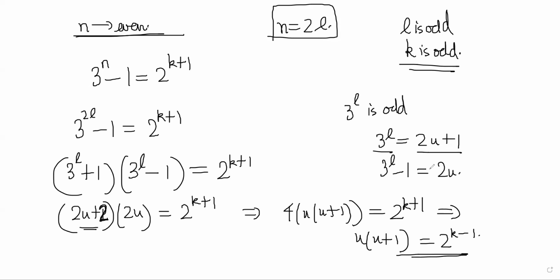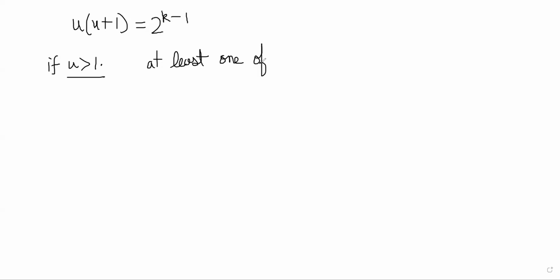Okay. So u into u plus 1 is 2 power k minus 1. If u is greater than 1, at least one of u and u plus 1 has an odd prime factor.